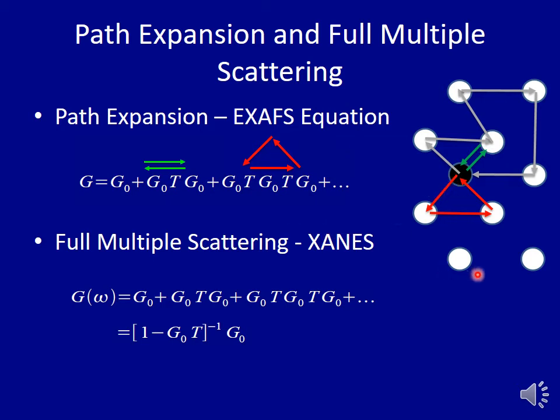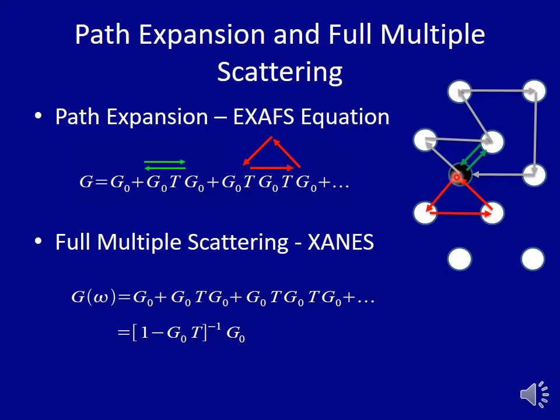On the other hand, if you have even a cluster like this and you include paths up to 7, 8 legs or something like that, then there are quite a lot of them. And as the cluster grows, you get a huge number of paths that can contribute. And so in the XANES, where those paths do contribute, your convergence is very poor. The other thing that can contribute to poor convergence is that in the XAFS, you have a large effect of vibration or distortion effects, disorder effects, I should say.